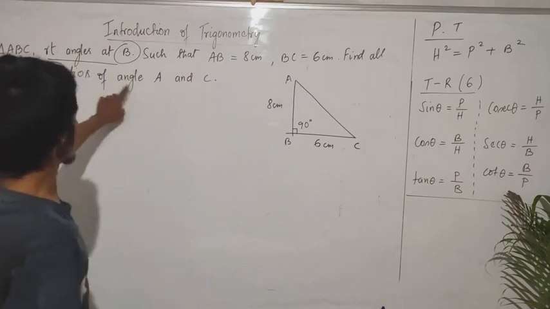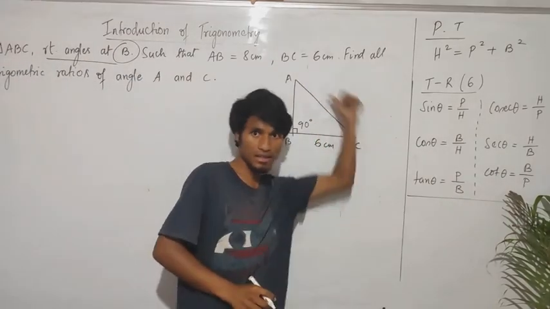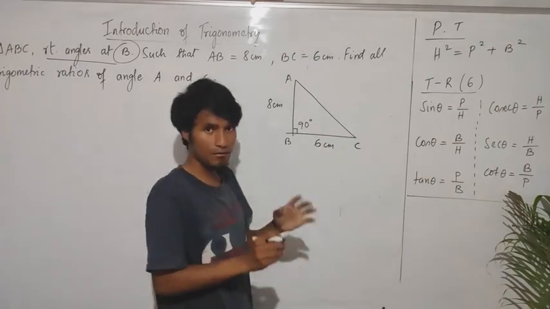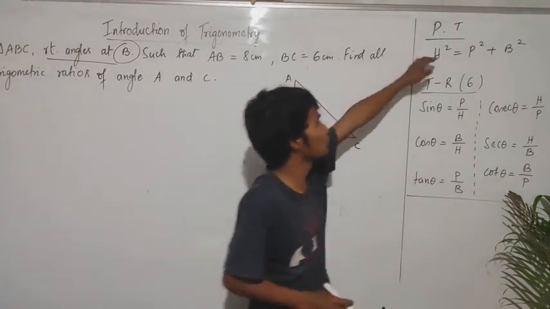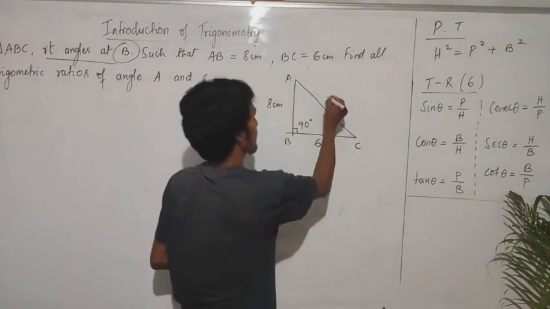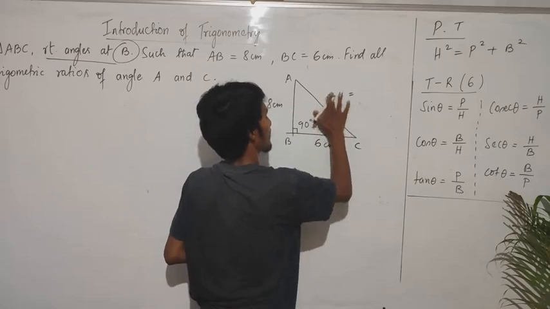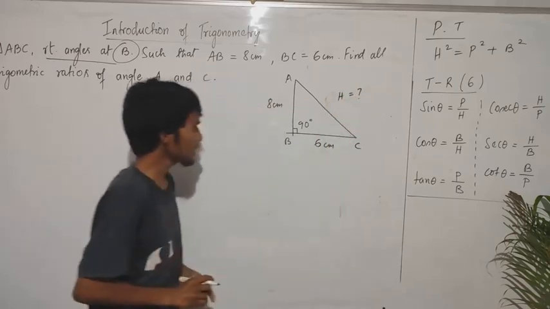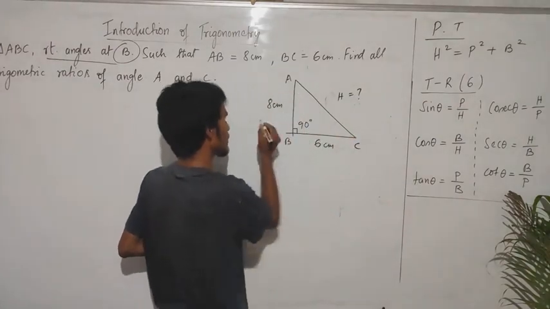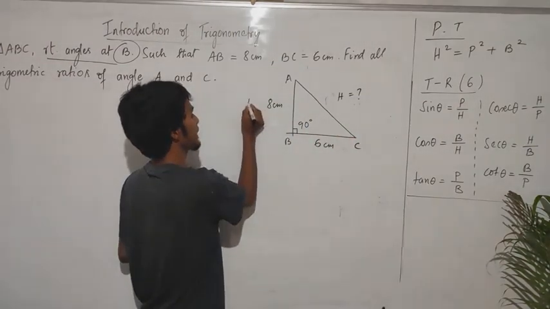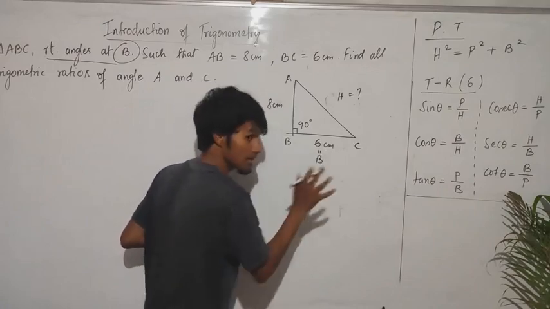Then find all the trigonometric ratios of angle A and C, but AC is not given. If it were given, that would be good, but here it's not given, so you have to use this formula. We have to find this one, H, the hypotenuse. Generally I put this as the perpendicular and this as the base.